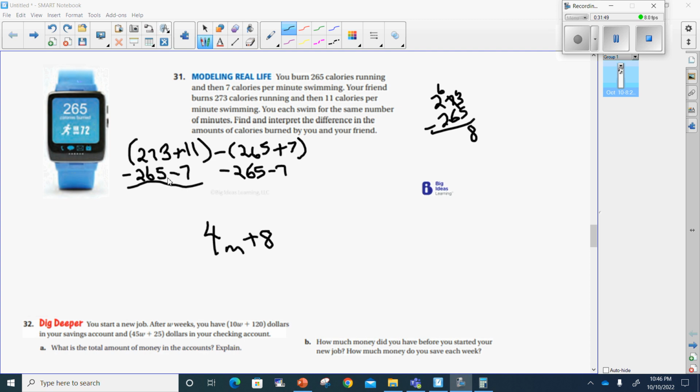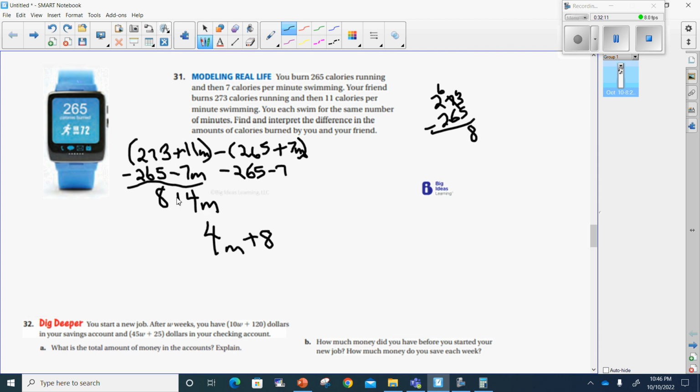And now 11 minus 7, let's see. Well, remember, these are going to be m's because this is 11 calories per minute. This is 7 calories per minute. So this is an m. And that's where I get the 4m. And this is where I get the 8.